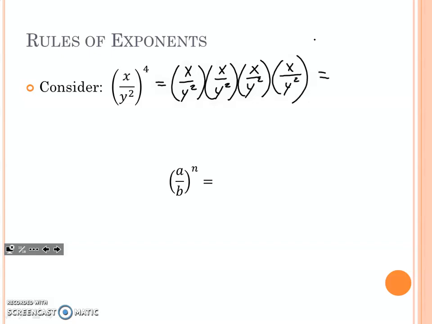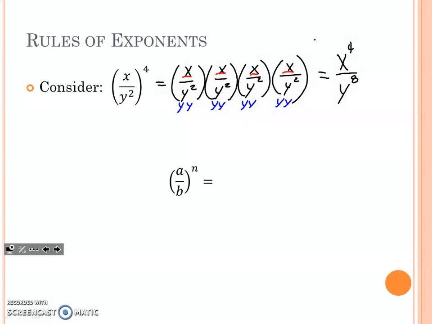So if I'm trying to figure out what that is, well, on top, I'd have 4 x's, right? So this would be an x to the 4th on top. Now on the bottom, we haven't really done one like this. Well, y squared is really y, y, so how many y's do I really have? I'd have a y to the 8th power. Okay? So if I have an x over y squared to the 4th power, that's the same thing as an x to the 4th over a y to the 8th.